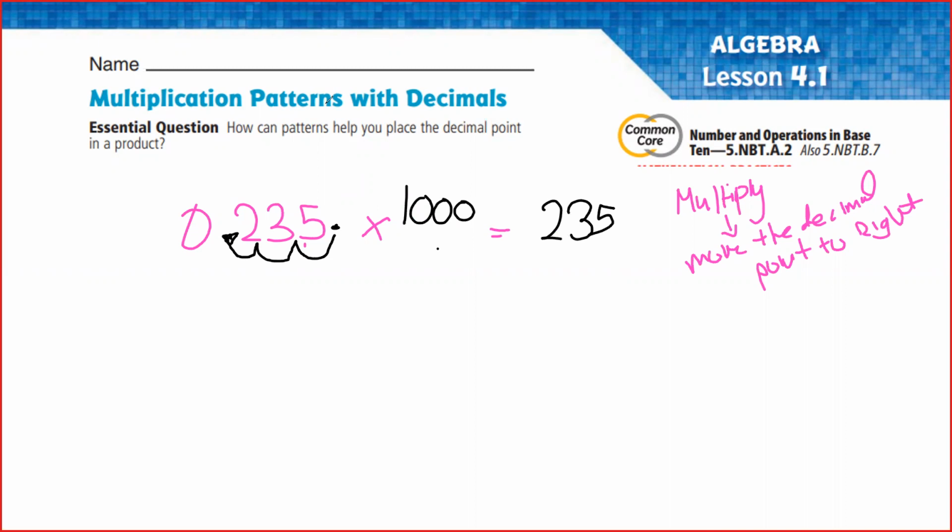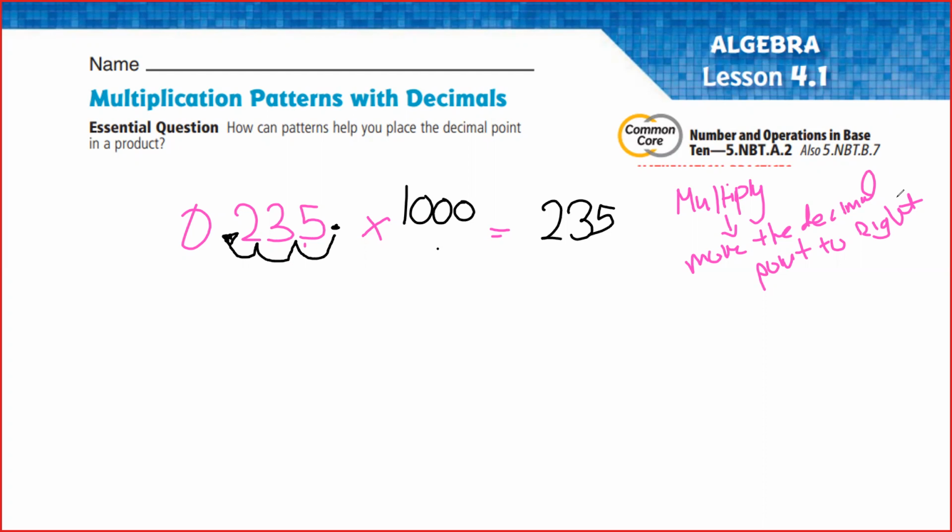So our first rule: when you multiply by 10, by 100, by 1000, by powers of 10, you change the position of the decimal point. You're going to move it to the right.